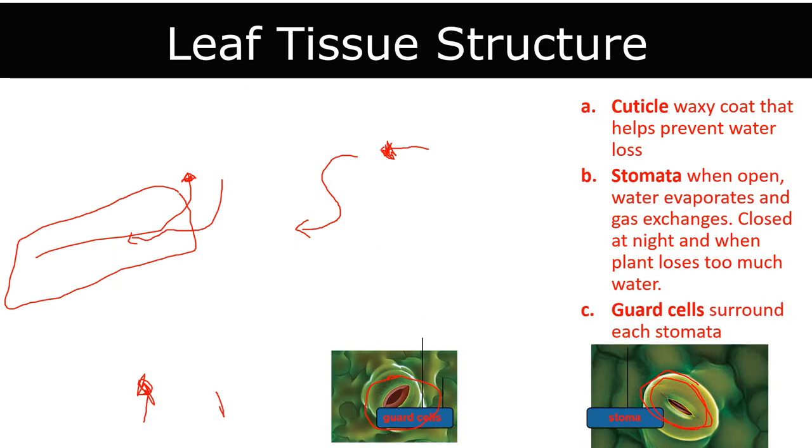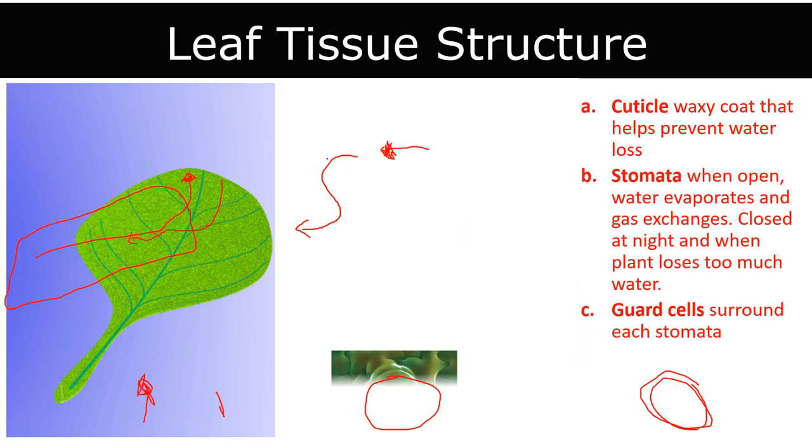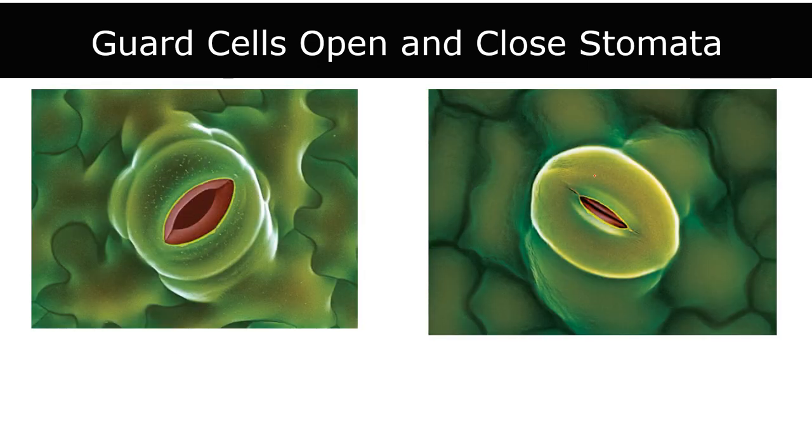So if you look at the word transpiration, it sounds a lot like respiration, right? Or inspiration. It sounds like breathing, because functionally that's what transpiration is. It's the breathing of the plant. So that breathing happens at the site of the stomata.